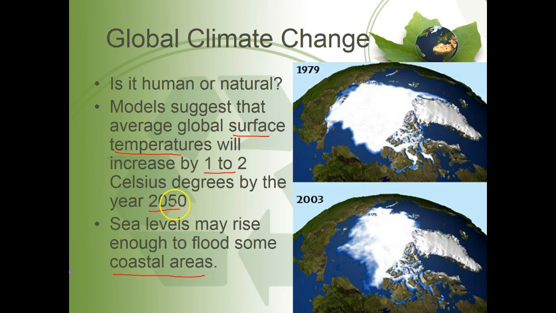And so if the sea levels rise because of all of this fresh water that is now locked in ice, once it melts, it's going to rise sea levels. And so a lot of those coastal areas, including islands, can actually flood and disappear.